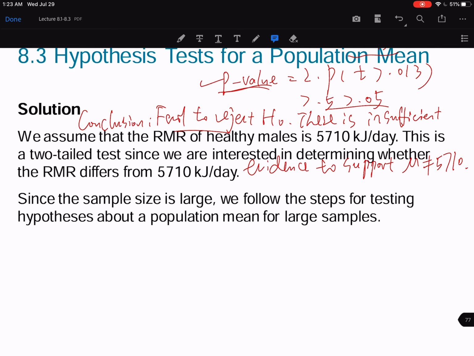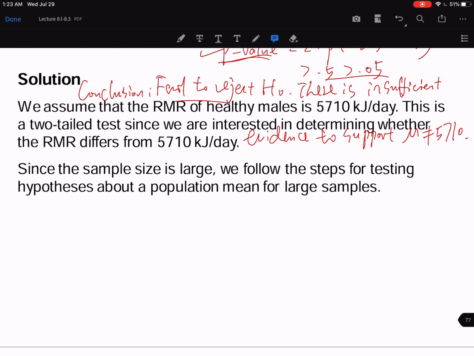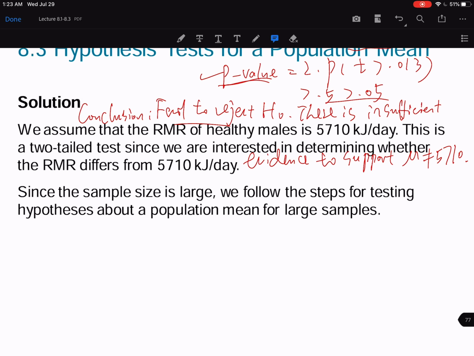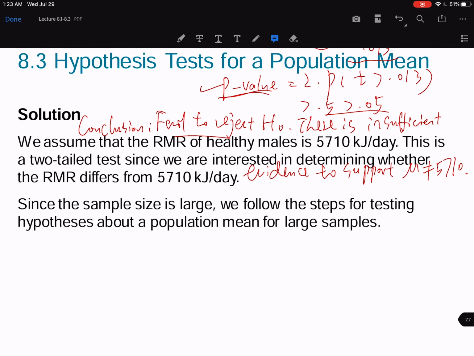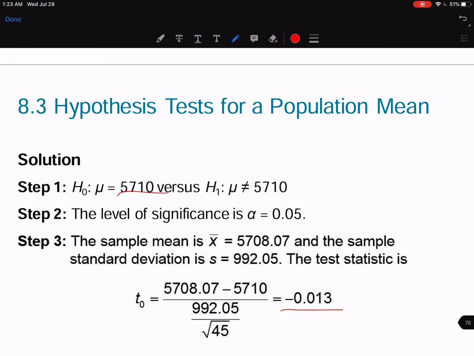All right, let's take a look at the solution here. I think it's pretty much exactly the same thing as what we just did. Since the sample size is large, because n is equal to 45, greater than 40, we follow the steps for testing hypotheses about a population mean for large samples. Step 1, the null and alternative, so it's this two-tailed test. Step 2, alpha.